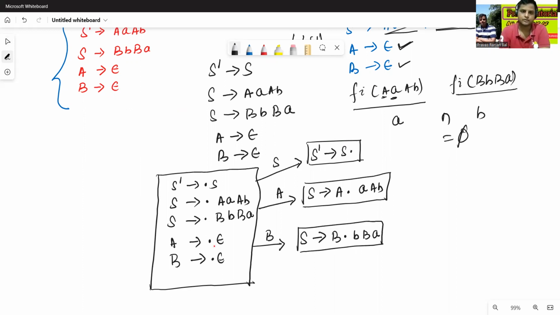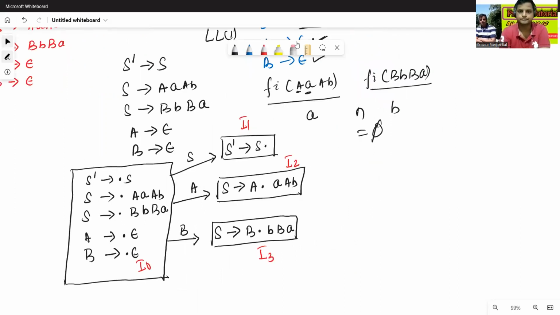Okay. So now we just make numbers. This is I0, I1, I2, I3. So see, now it will scan A, S to A dot A B. So then we'll find out the closure of A to dot epsilon.